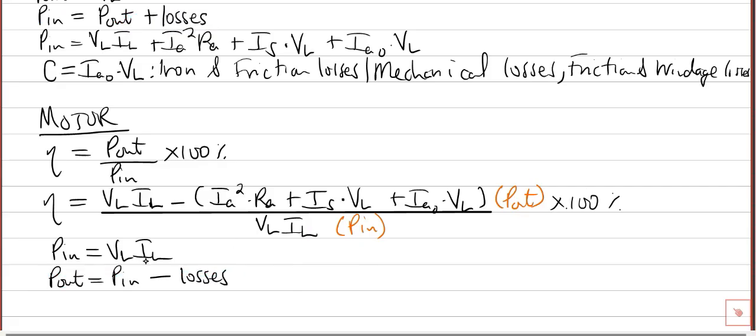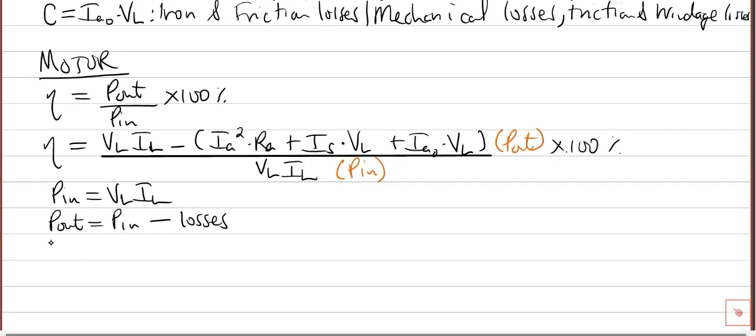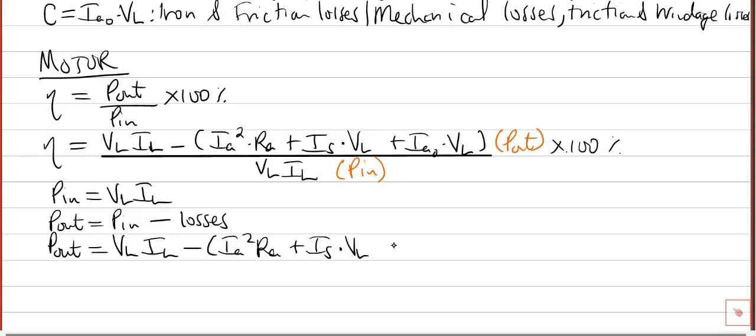Otherwise, let's move on. To represent fully the formula for output power, you can rewrite everything you have at the top. So P out equals VL IL minus IA squared RA plus I shunt VL plus IAO VL.